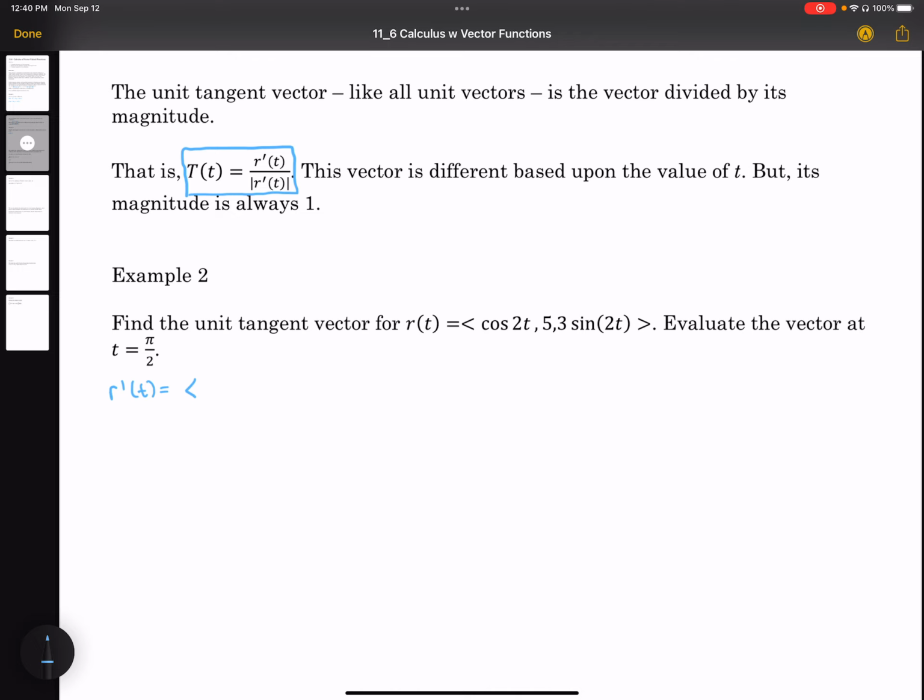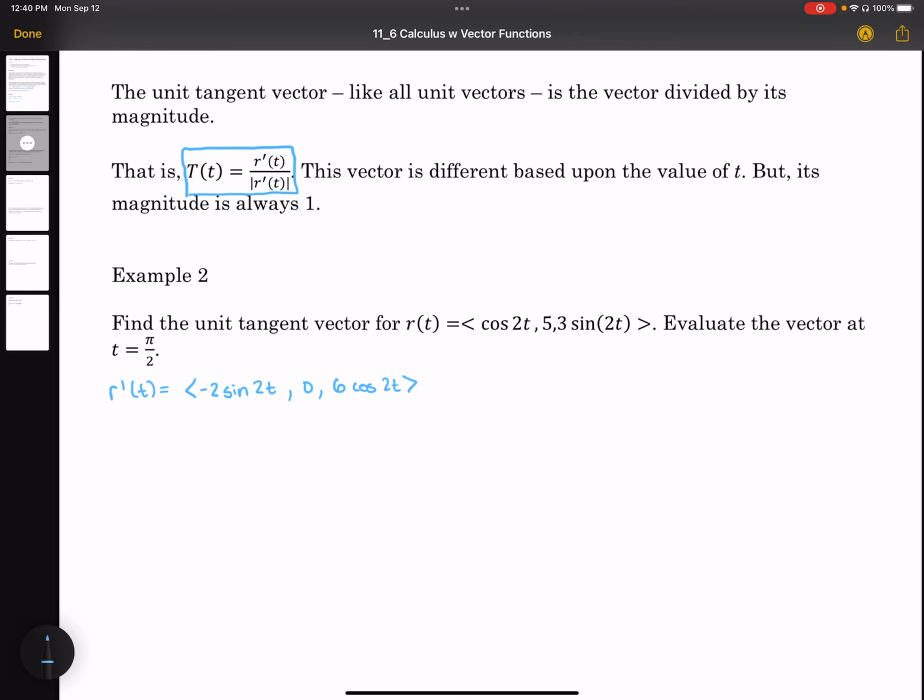The derivative of cosine is negative sine, keep the angle, so negative sine 2t, but then we multiply by the derivative of 2t, which is 2, so we get negative 2 sine 2t. The derivative of 5 is 0, and the derivative of 3 sine 2t is going to be 6 cosine 2t.